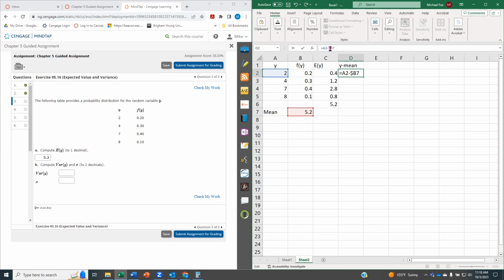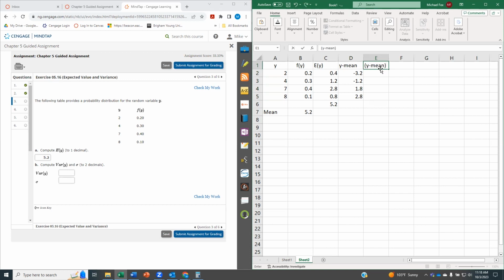And I'm just going to use the little dollar signs here so that I can use the fill tool and it doesn't have any problems for us. So there's our y minus the mean. And then that squared.